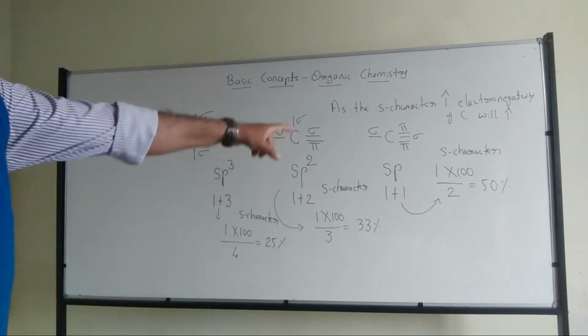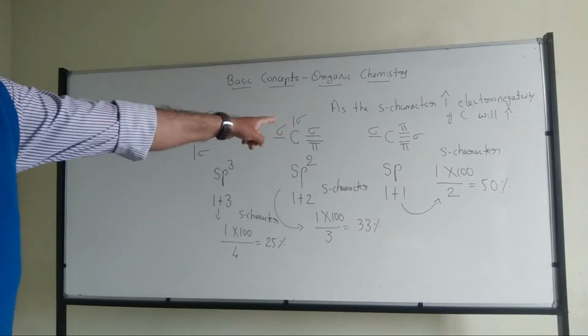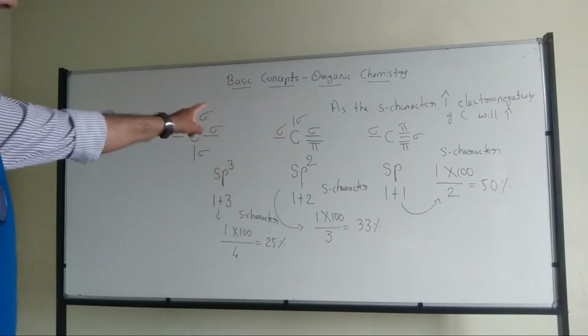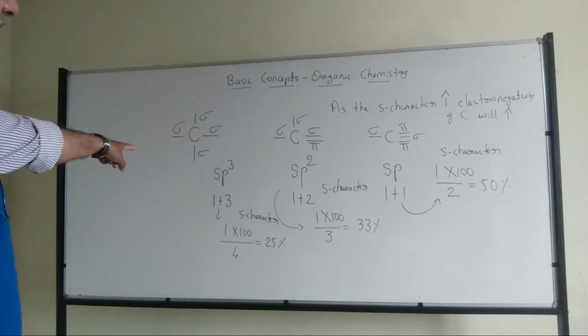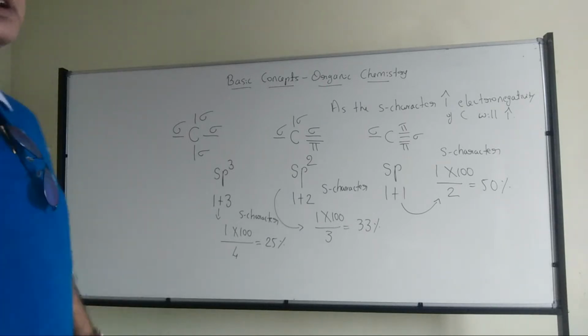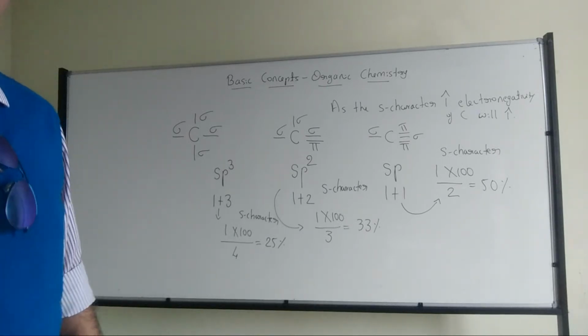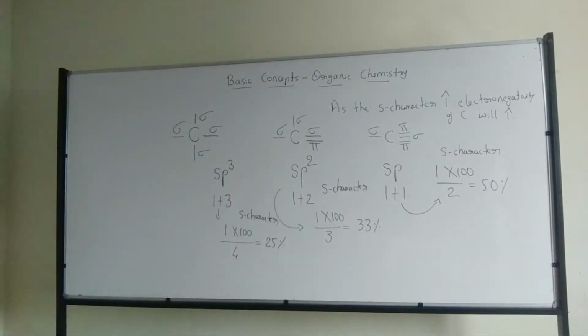That means in the case of sp hybridization, the electronegativity of carbon will be high. Then comes the sp2 hybridized carbon, and the last one is the sp3 hybridized carbon. Any doubt with regard to this? So this is how we can calculate the s character.